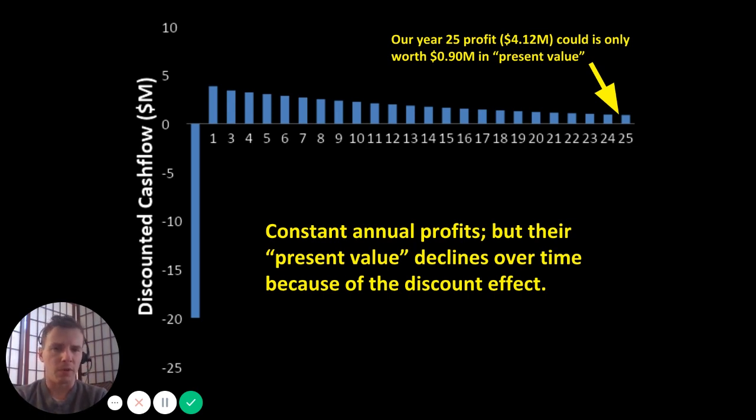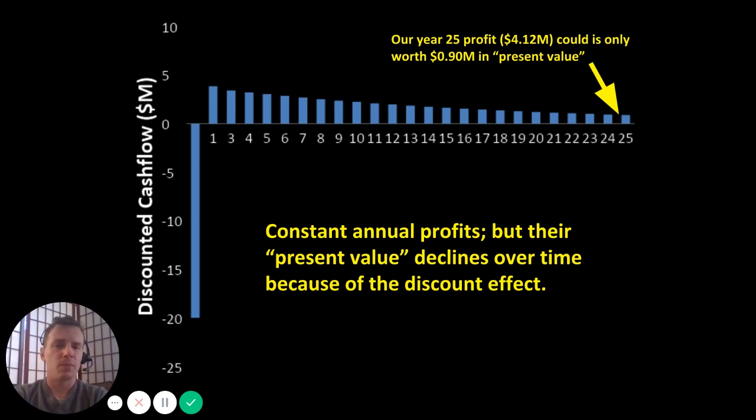And so the exponent in the denominator of the equation, right? If we're saying present value is equal to future value divided by 1.0625 to the t, that t is getting bigger and bigger and bigger.